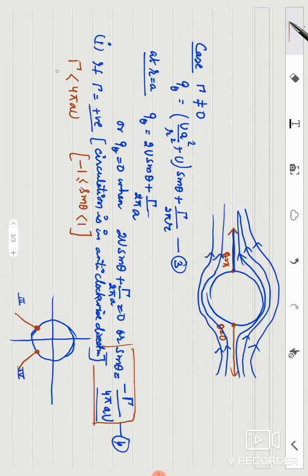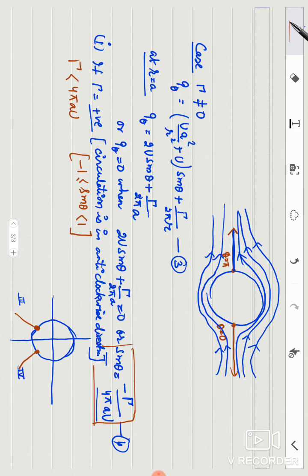So necessarily you have to take gamma to be less than 4 pi au. What will happen in this case? In this case, these will be the stagnation points, because your sin theta will have some value, theta will have some angle lying in third and fourth quadrant. So these are your stagnation streamlines.